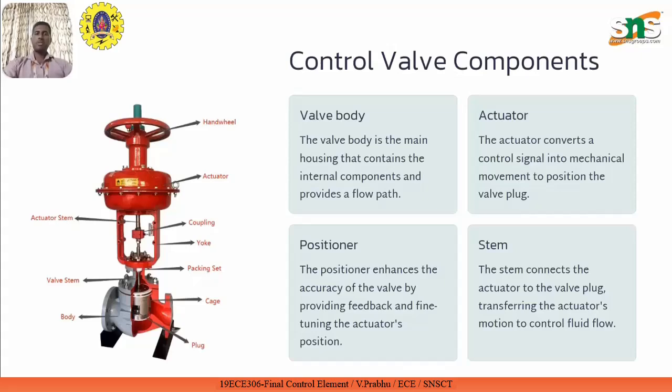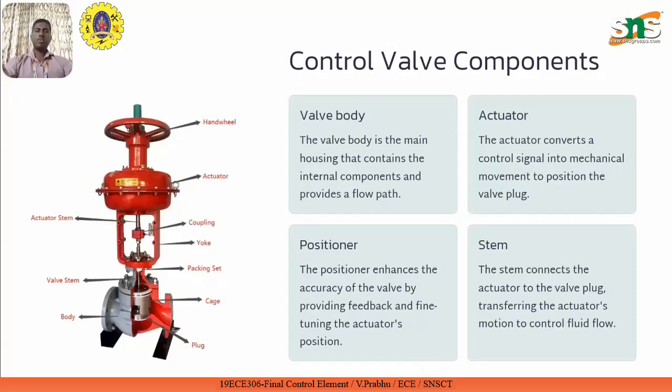If you look at the diagram on the left hand side, the trim has a plug and a cage. The bottom part is the valve body, and it has a cage and a plug inside. This plug regulates the flow. Based upon the opening clearance provided between the plug and the valve seat, the flow rate is decided.